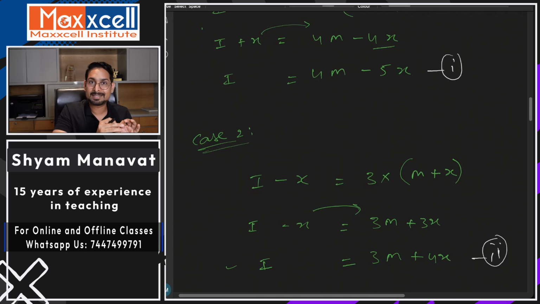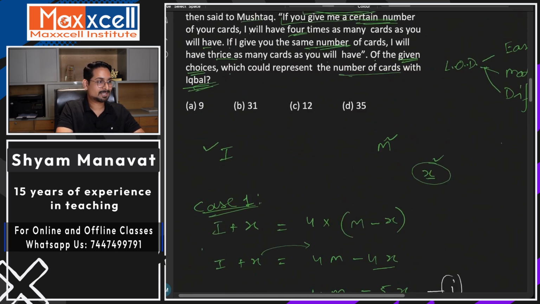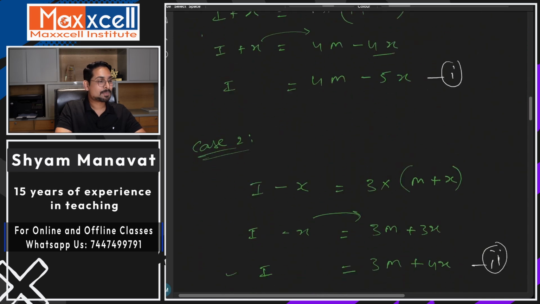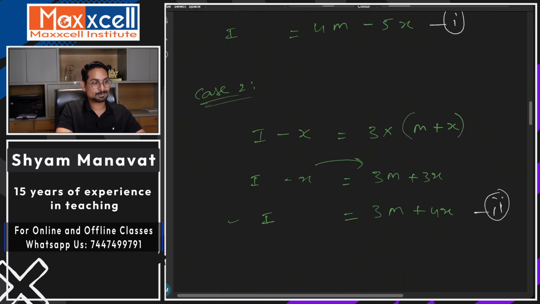What I should not eliminate is I, the number of cards which Iqbal has, because that's what we need to find out. So we can eliminate something else. You can eliminate x, you can eliminate m, whatever you are comfortable with. If you eliminate either one of them, you will get the same answer.